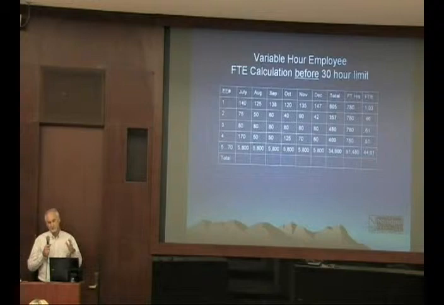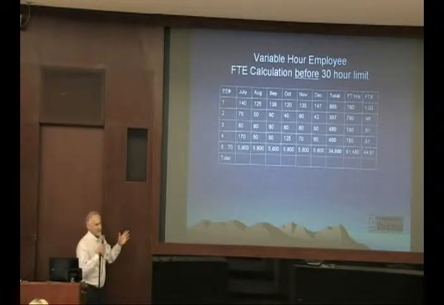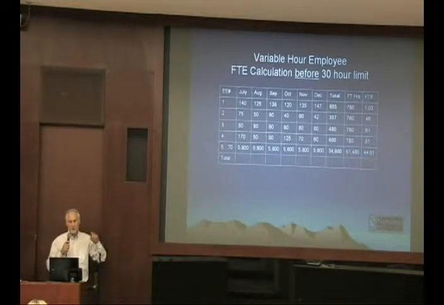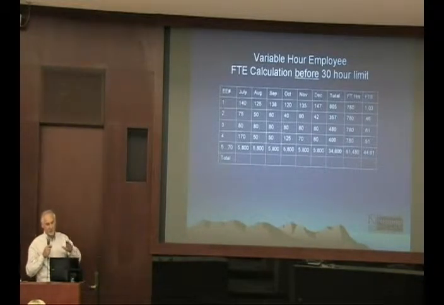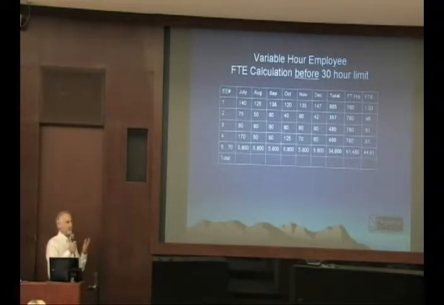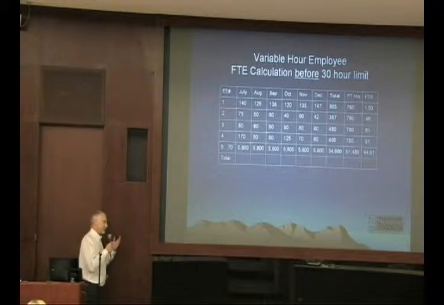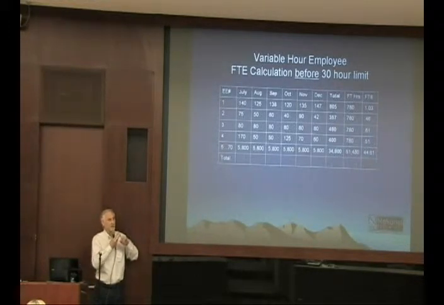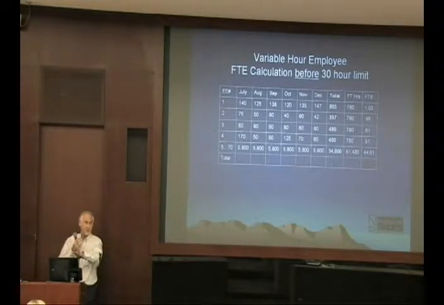Okay, so you look at every employee individually. In my example, employee number 1 is the only employee who is working more hours than the minimum number to be a full-time equivalent, 30 hours times 26 weeks, because this is a 6-month measurement period.